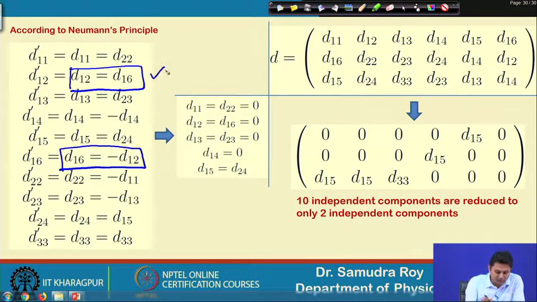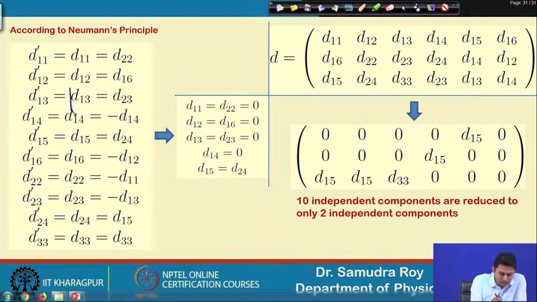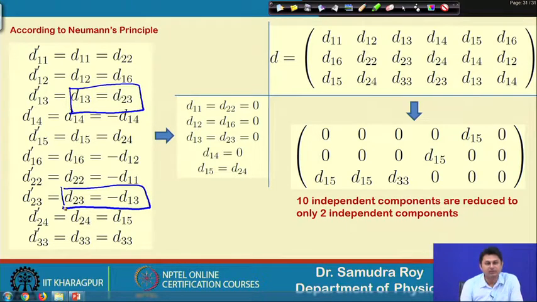From these two equations, we can readily say that D12 and D16 have to be 0, otherwise these two equations cannot be satisfied simultaneously. What else? We find D13 and D23, and again D23 and minus D13. If I compare these two as in the previous cases, we find that D13 equals 0 and D23 equals 0, and that is the only solution for these two equations. So again we find these two are 0.